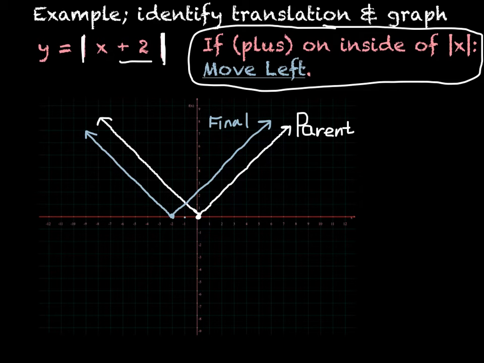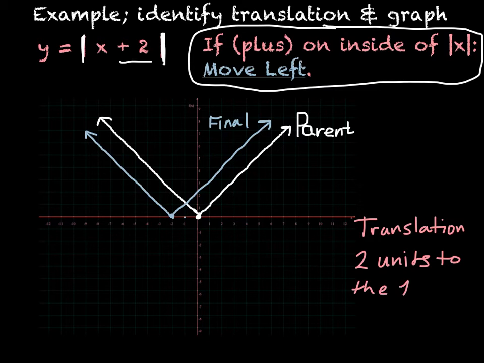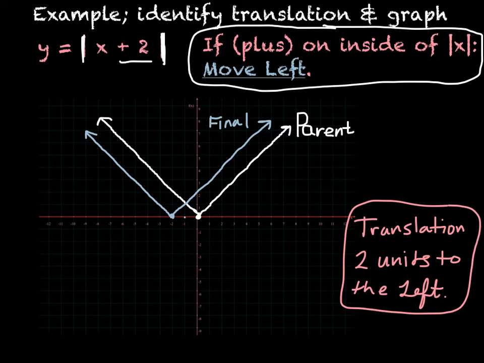Okay, now if I were to describe that, I would say it is a translation of 2 units to the left. And that would be your description of how it is moving. It's moving 2 units to the left, and we graphed it.